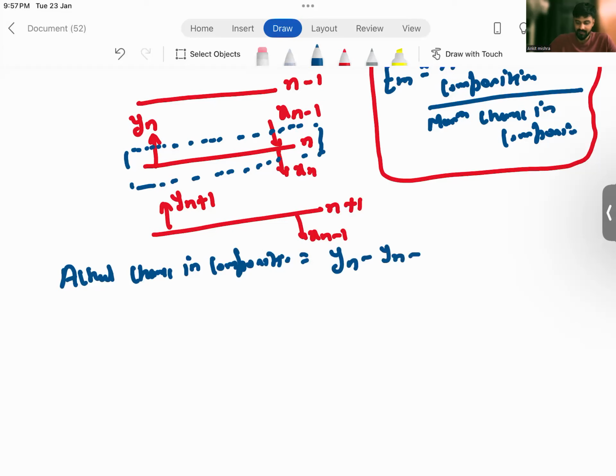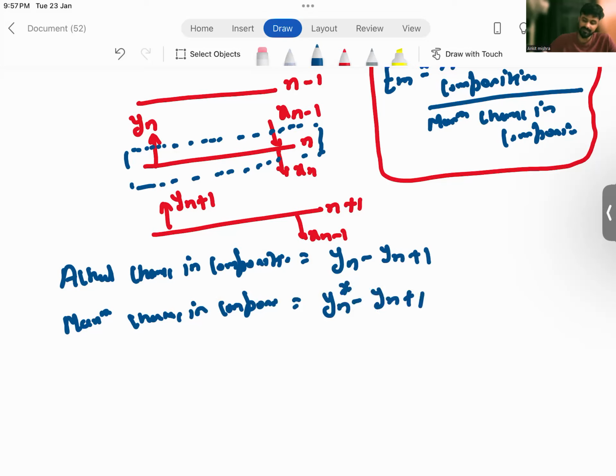So the actual change in composition can be written as yn minus yn plus 1, and the maximum change in composition can be written as yn star minus yn plus 1. Why am I talking about yn star? Because yn star is your equilibrium composition.